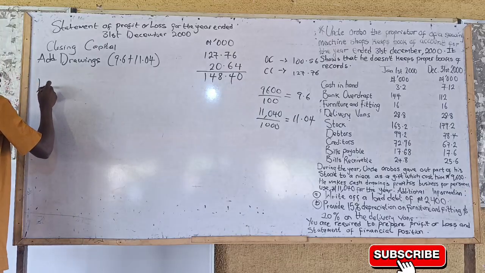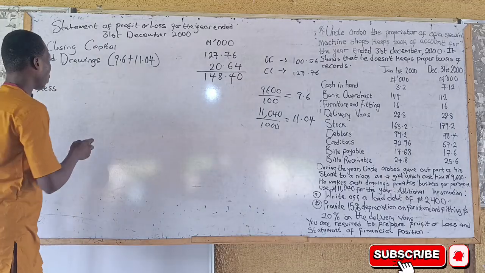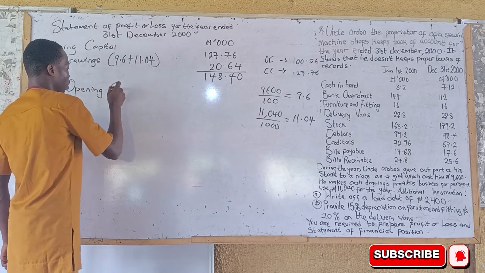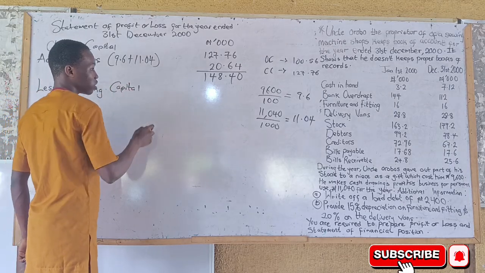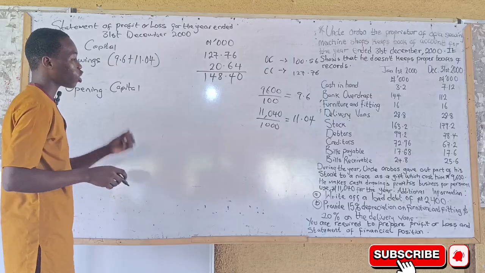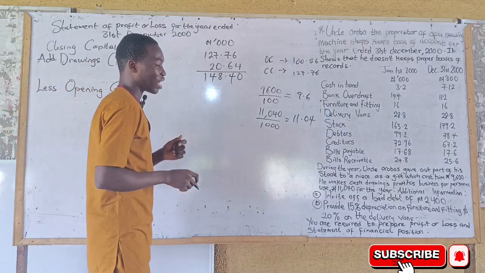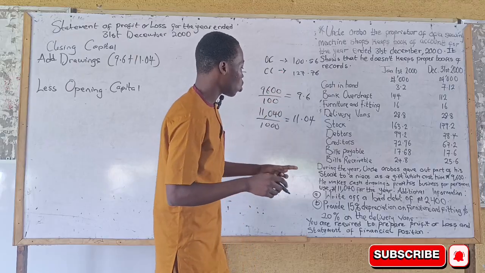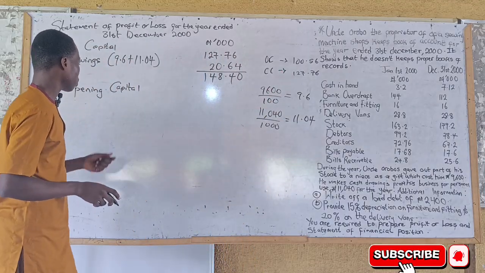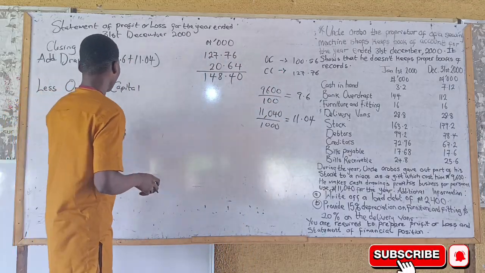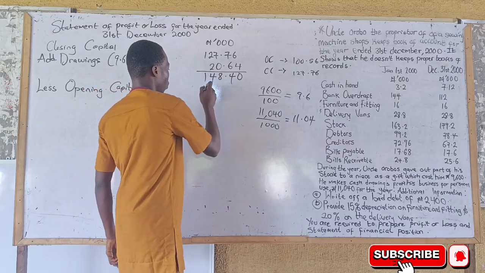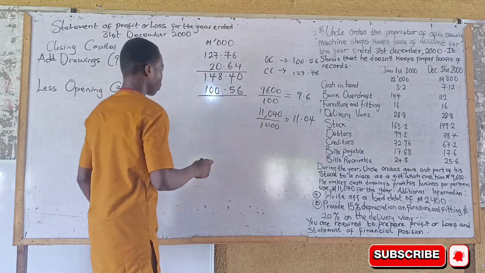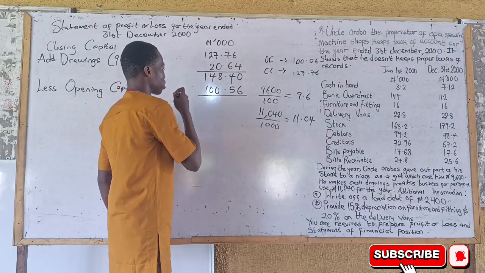Then, as I said, we are going to less our opening capital, the capital at the beginning. One thing you should note is, is there additional capital? If there's an additional capital, we're also going to less that. No additional capital from the information given. So we just less our closing capital, which is 100.56. Now let's less this.